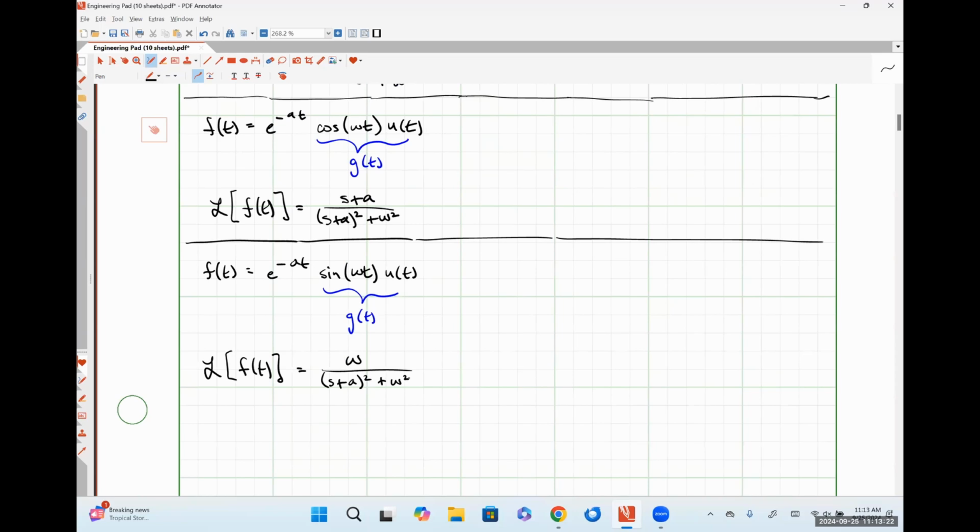All right, so you will probably notice I'm going to shift gears fairly significantly here. I'm not going to do any more sinusoidal functions. We're going to have a couple more transformations that we'll figure out once we learn how to do the inverse Laplace transform and partial fraction expansion.